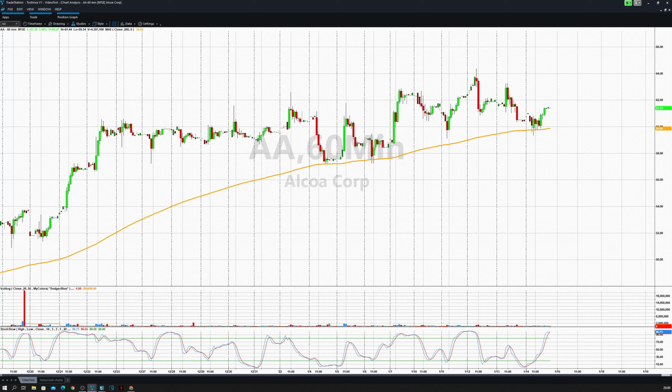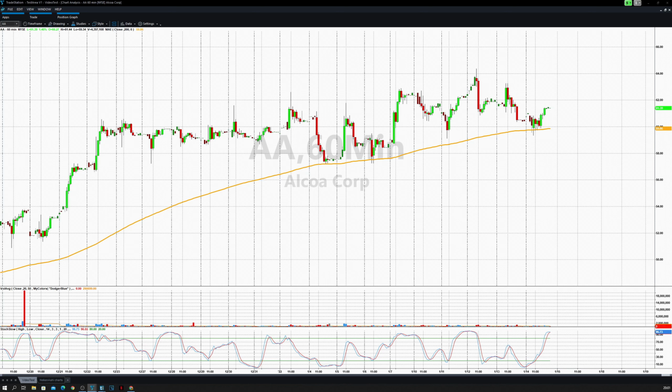Let me check. Let me adjust. Yeah, every move to the upside would create a divergence to the downside with short continuation.